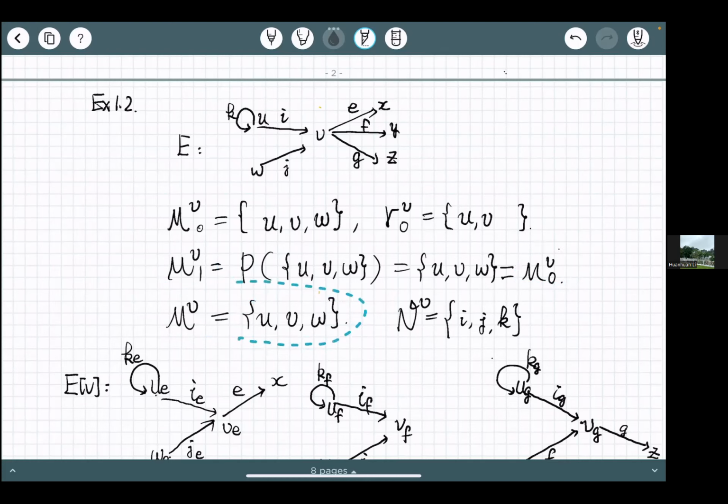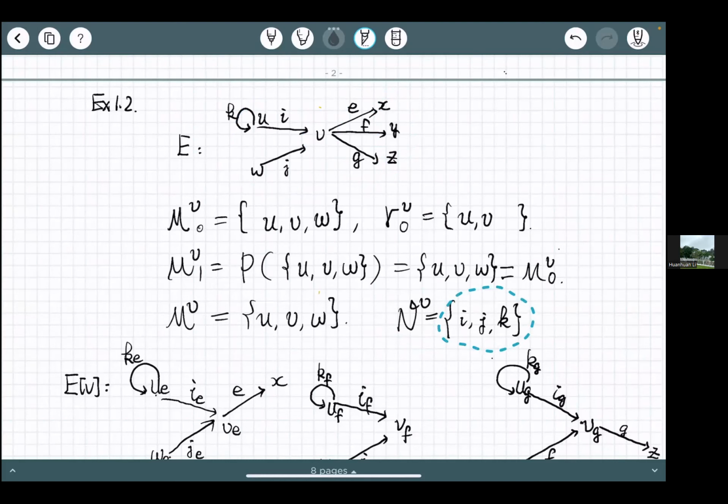So we have here MV, it contains three vertices, U, V, W. And these are some edges whose ranges are in MV. We look at all the edges here. Only I, J, K have ranges in MV, and for all the other edges, the ranges are not in MV. So NV would be this IJK.